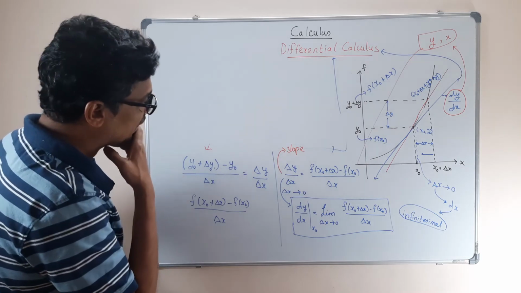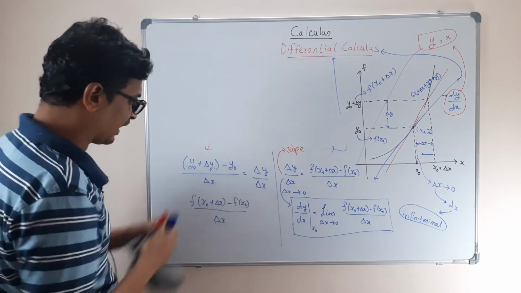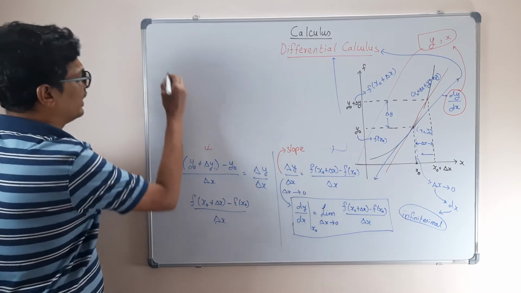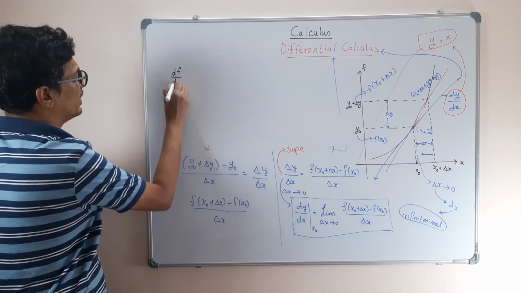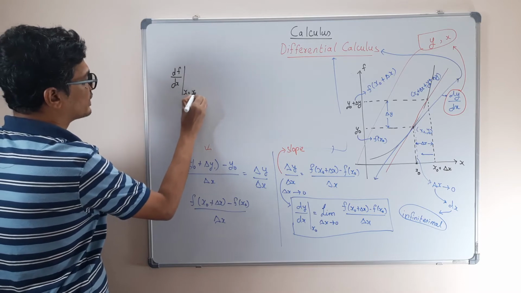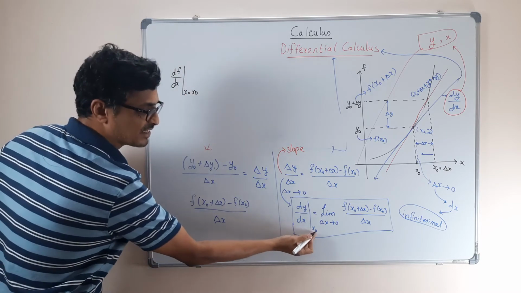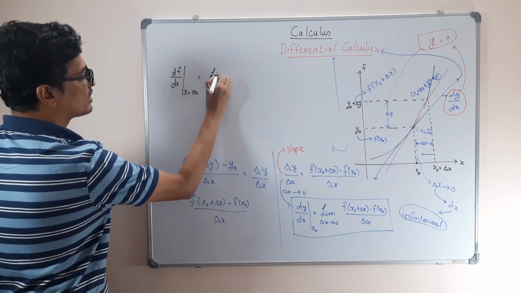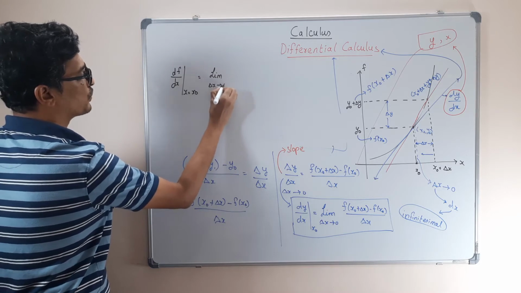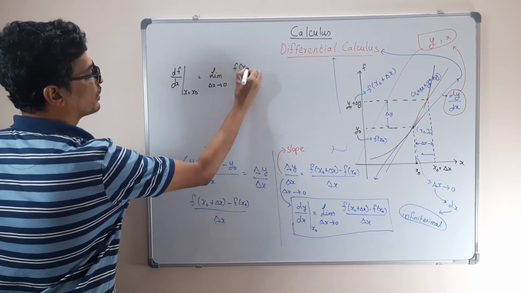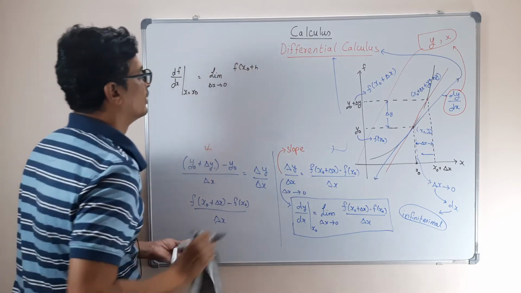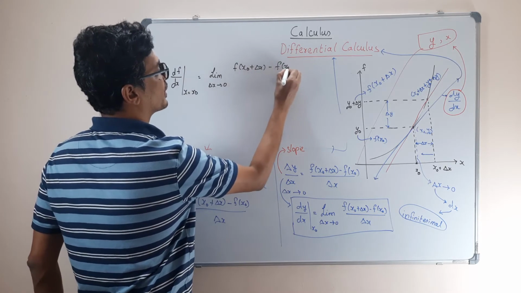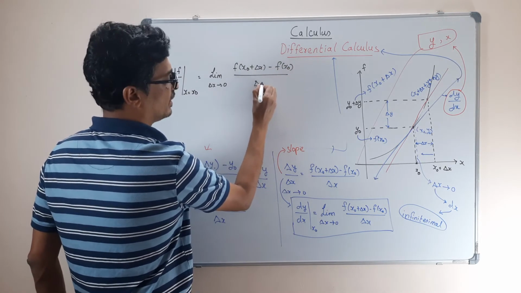Where did we stop? Yes, so this is the derivative. Let us write down this derivative in a neat form. We can write it as dy by dx, or df by dx at x equal to x0, or you can write it like this also, whichever way, equal to the limit as delta x tends to 0 of f of x0 plus delta x minus f of x0, divided by delta x.